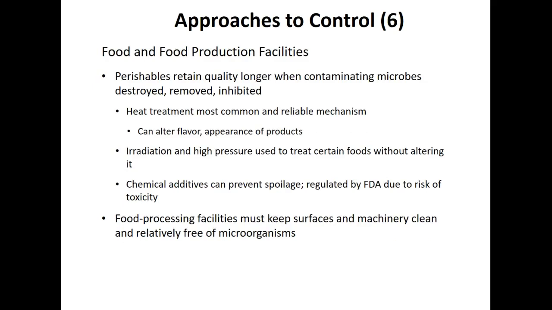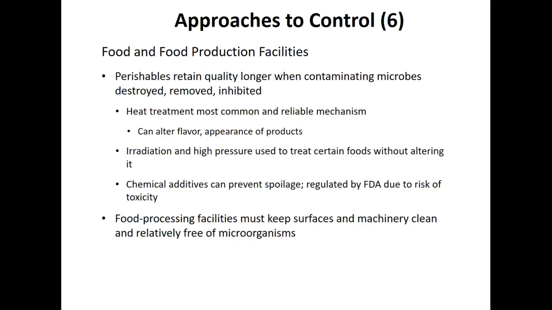Here we have the necessary information related to control of microbial growth for food and food production facilities. Obviously, this has become more of an important situation, as we've seen recently in the news with things like E. coli contamination in lettuce and recalls that have recently been done.